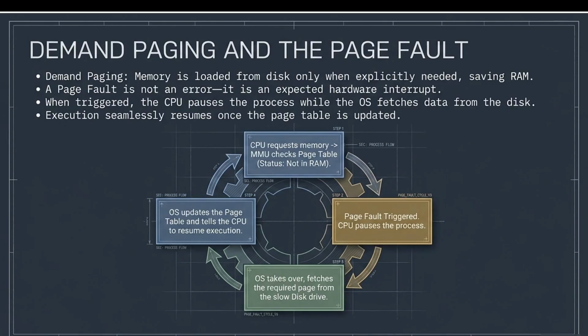So a page fault is an interrupt made so that the data required by the process is fetched by the operating system, and the process resumes once the page table is updated. As I have talked before, we have a page table within the virtual memory address where the pages are linked to the physical frames.